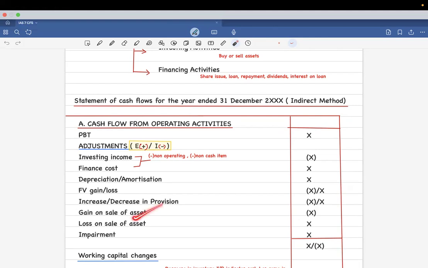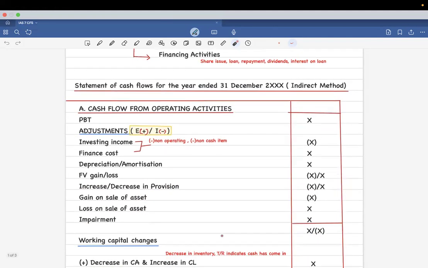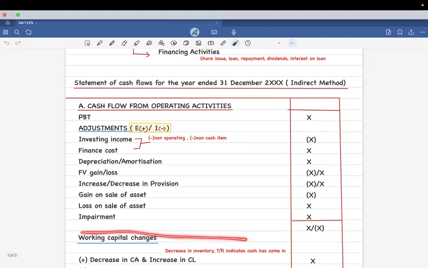And any gain on an asset, loss on an asset, any impairment, all of these, impairment is non-cash in nature. These two are not under operating activity. So we're going to reverse them all and lead to an amount which is before working capital changes. So this is cash flow from operations. Understood?